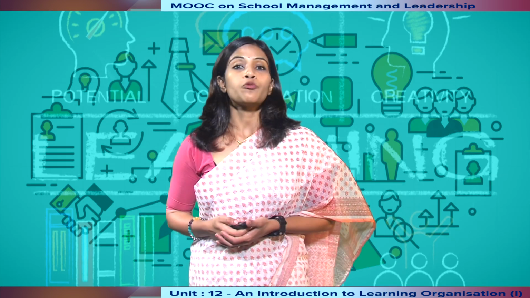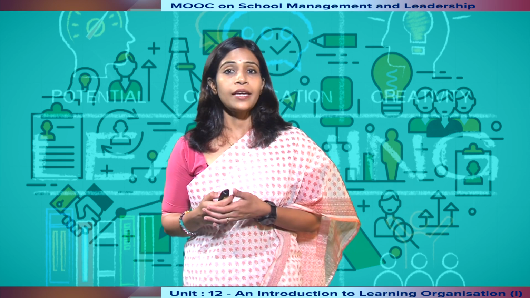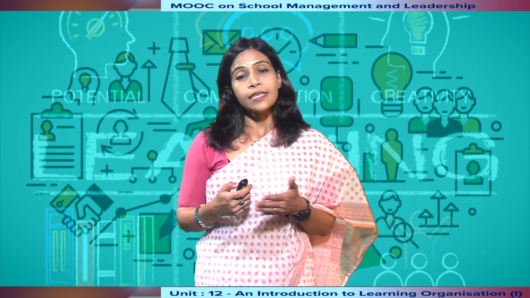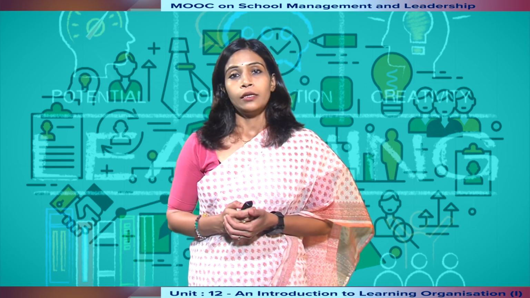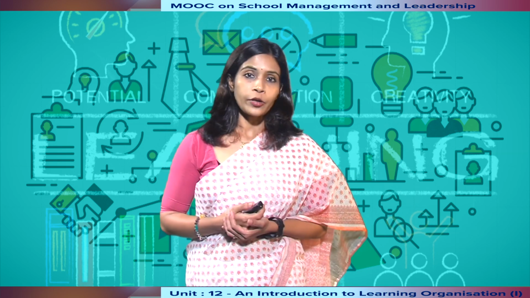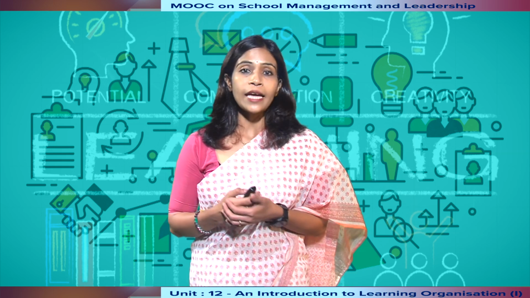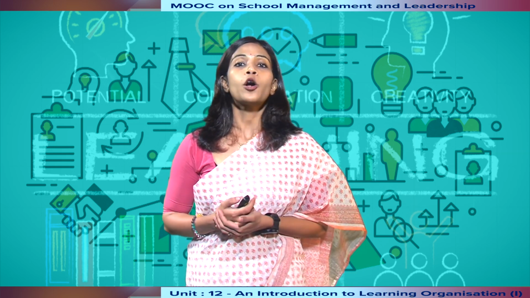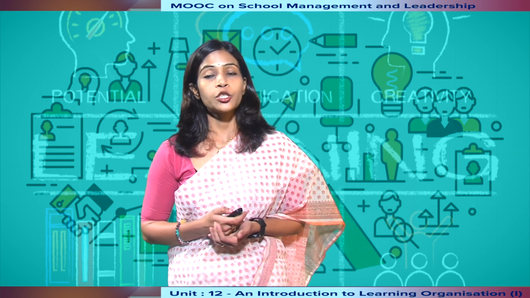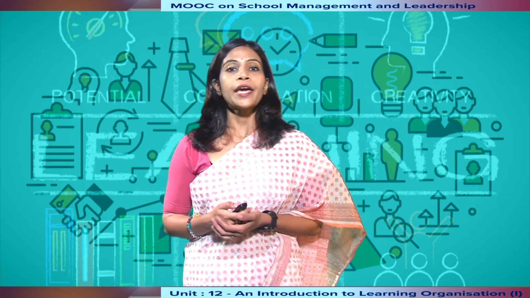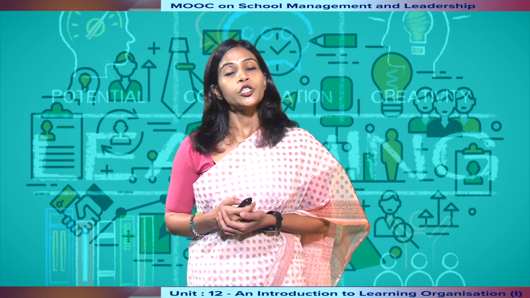So in this way, different experts have their views on the learning organization. Thus we can conclude that a learning organization evolves in developing the organizational capability to acknowledge and make changes.